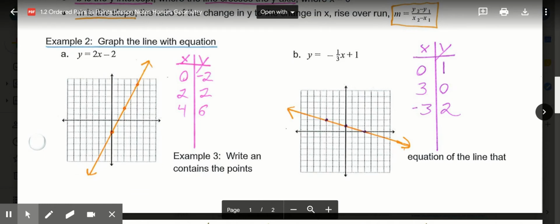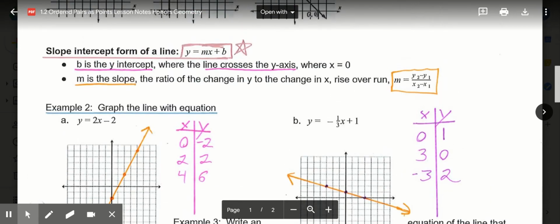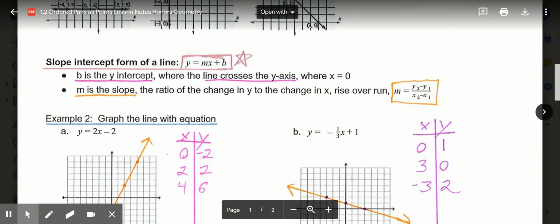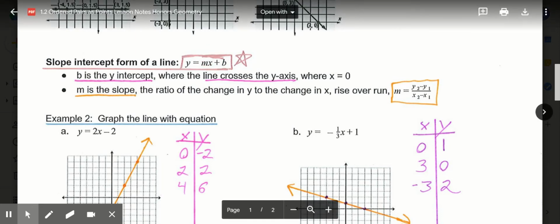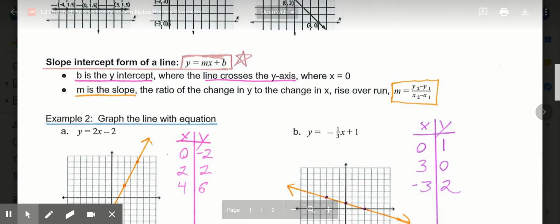So if we look at our graph here, that is our y-axis. So b would be wherever the line crosses the y-axis. And then in slope-intercept form, m always represents the slope of the line.